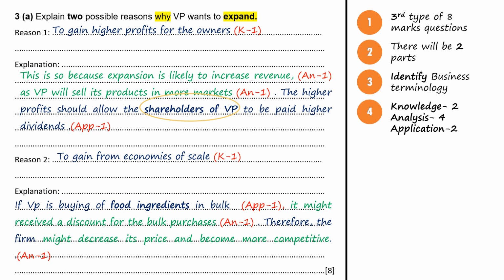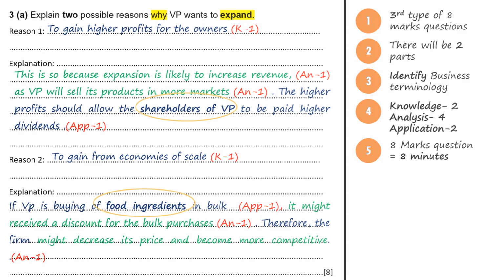Therefore, the firm might decrease its price and become more competitive. The second part for analysis. Okay. Now we have completed the third type of 8 marks questions. Again, 8 marks, 8 minutes. Now we move on to part B.